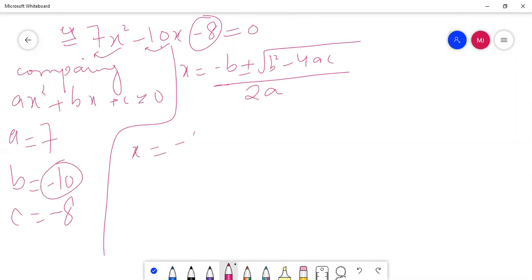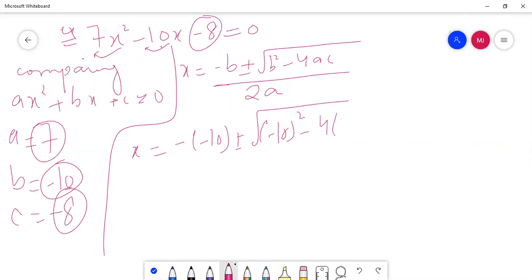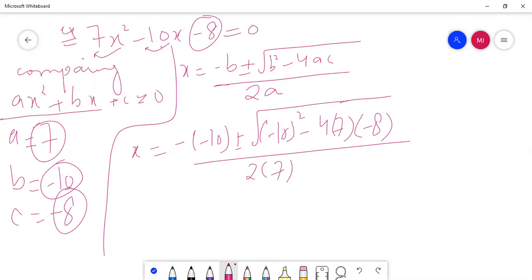Minus 10, plus minus square root b square means minus 10 square minus 4ac. A is what? 7. C is what? Minus 8, upon 2a. A is what? Plus 7. We have already found the values of a, b and c here.